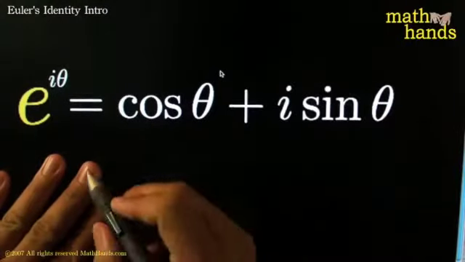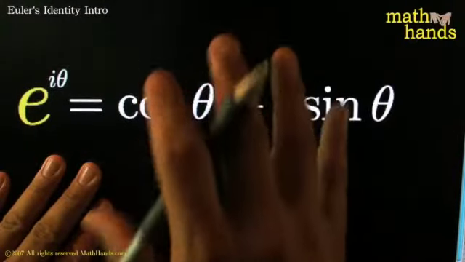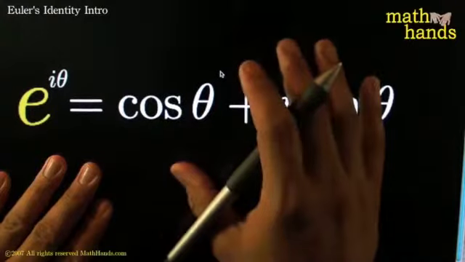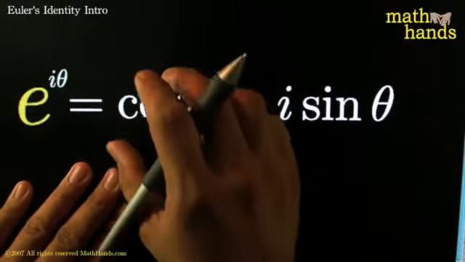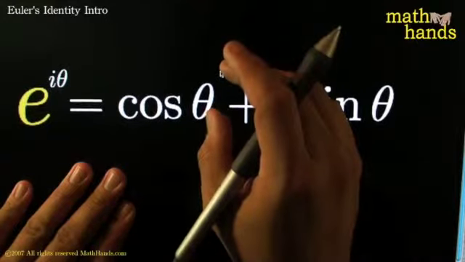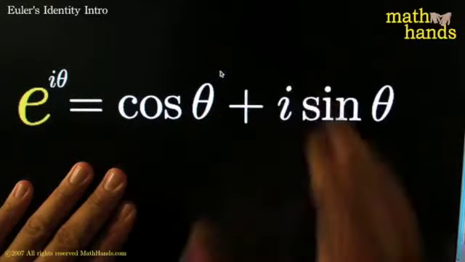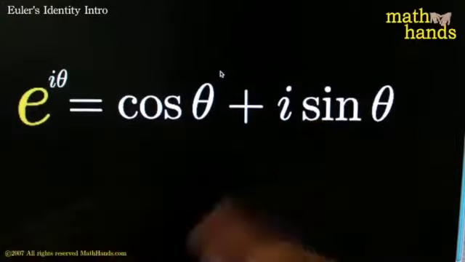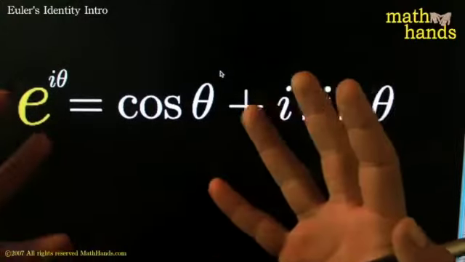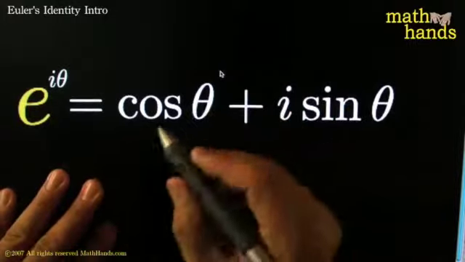Radians, no problems. e to the i pi would be equal to cosine pi plus i sine pi. Incidentally, we'll come back to this one later. e to the i 2 pi would be equal to cosine 2 pi plus i sine 2 pi. You guys getting it?